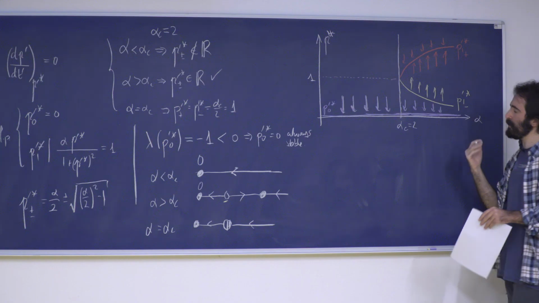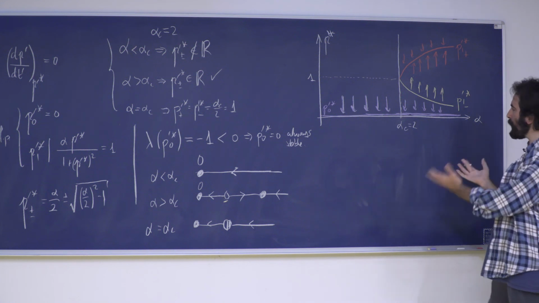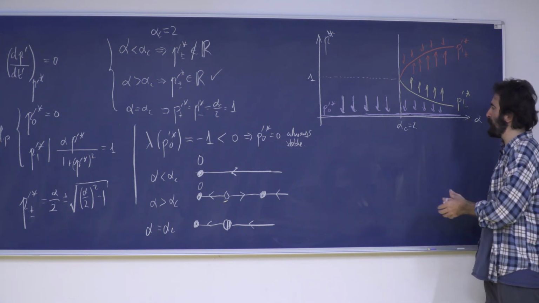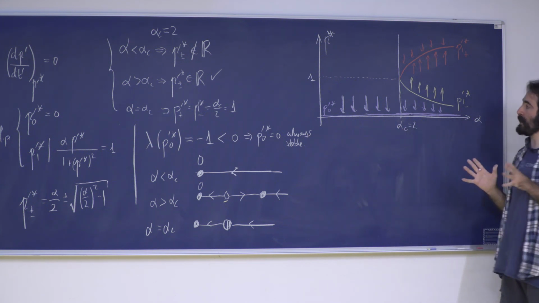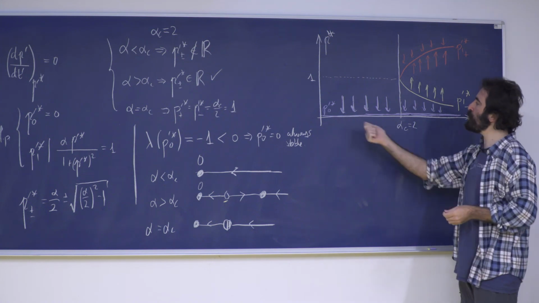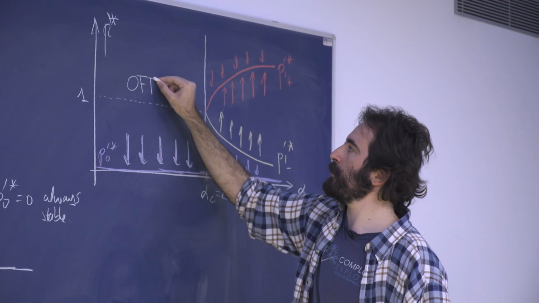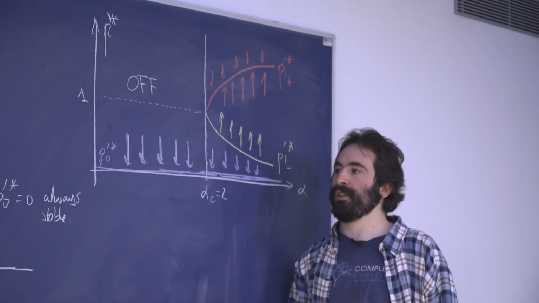And now let's interpret this a little bit further to finish off with this exercise. So if I were able to manipulate somehow, through enzymes or through some biomolecule, the parameter alpha in my system, I could maybe push the system from this state here where there's going to be no protein expressed because all the system will flow to 0.